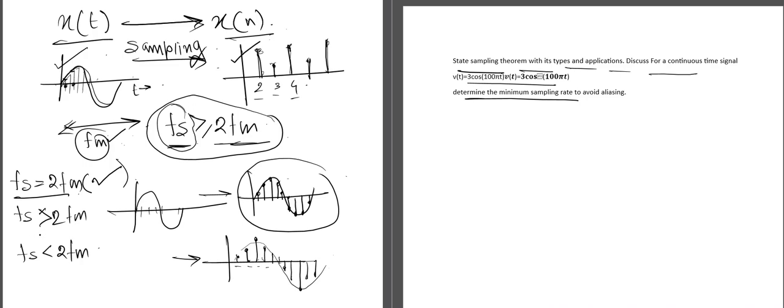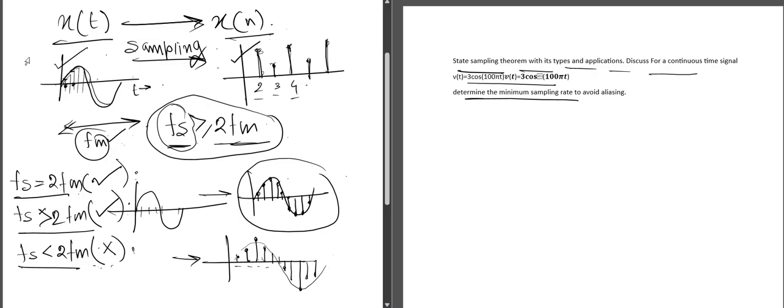When the sampling rate is greater than twice of fm, we can also reconstruct the signal. But when the sampling rate is less than twice of fm, we can't reconstruct the signal. Fs equal to 2fm is the critical sampling. Fs greater than 2fm is oversampling. Fs less than 2fm is undersampling.